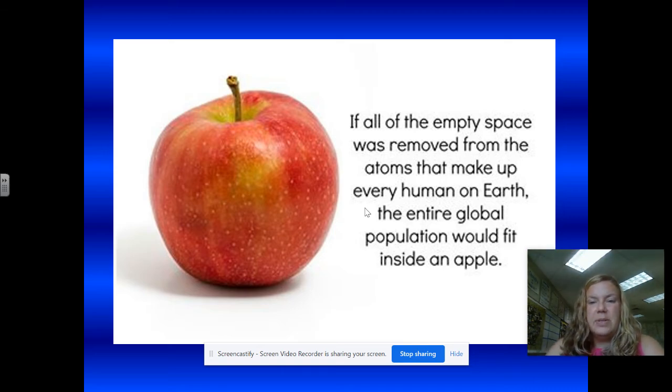If all of the empty space was removed from the atoms that make up every single human on Earth, the entire global population would fit inside of an apple. If we took all the empty space out of the atoms that make up our bodies, all of our cells, volume-wise, could fit into an apple. That's insane to think about.